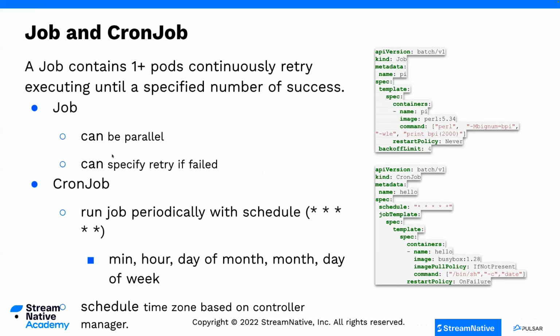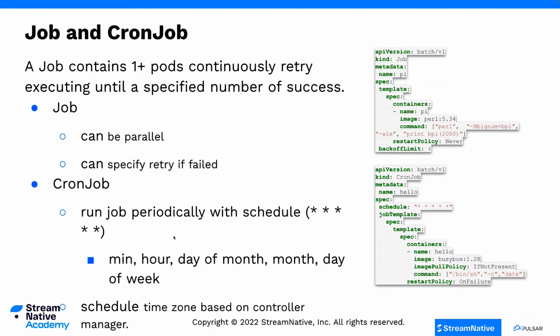Okay. So Job and CronJob are temporary. They come in, do something, and get out; it's not a long-lasting container. For example, a CronJob does some action, and once it's finished, it disappears. With CronJob, you can specify the time, like cron: run this job every day at 12 o'clock, something like that.